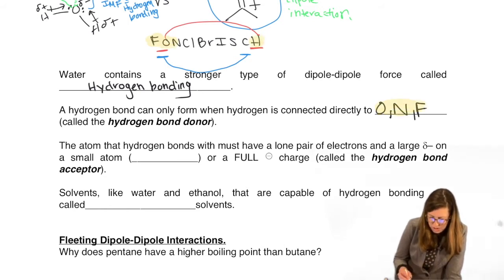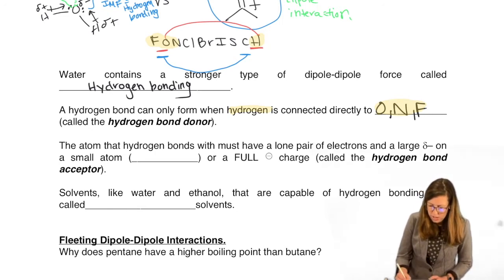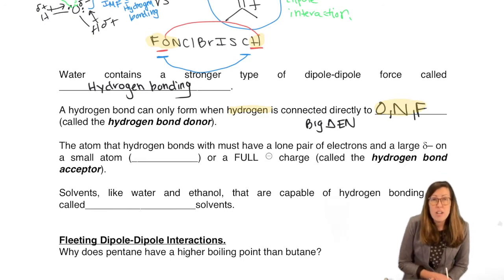With H. So when hydrogen is connected to an O, N, or F, that gives a big enough delta EN, right? To be classified in that category, to be strong enough, right? So carbon is not invited to that party because it just doesn't make that strong of an attraction compared to H.